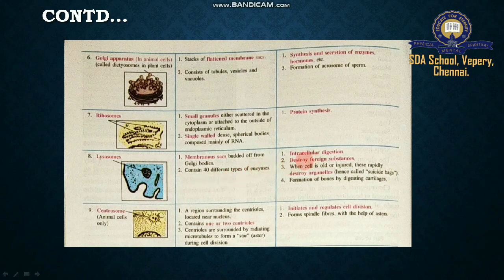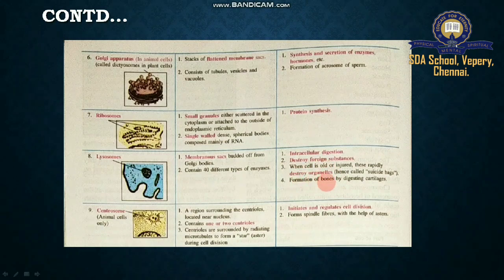It destroys foreign substances, or any dead matter, bacteria, viruses, whatever unwanted things are available inside the cell; they will be caught and digested. When a cell is old or injured, they rapidly destroy organelles, hence are called the suicidal bag. So when our body faces an unexpected situation, or a cell is injured, it will catch the organelles and destroy them.